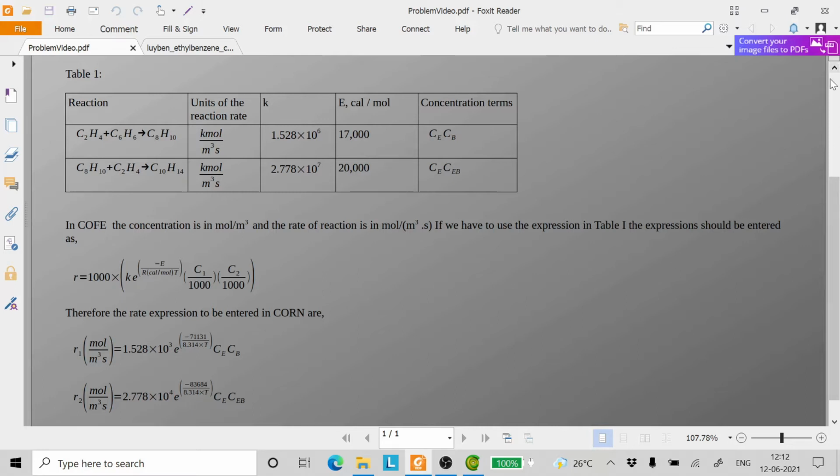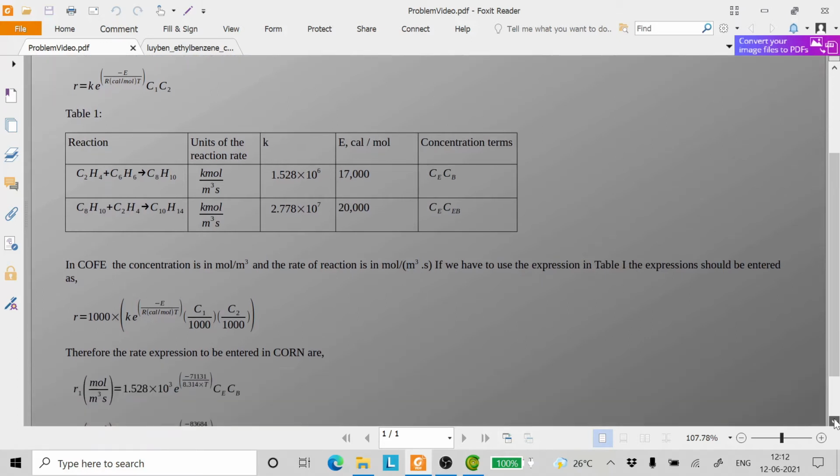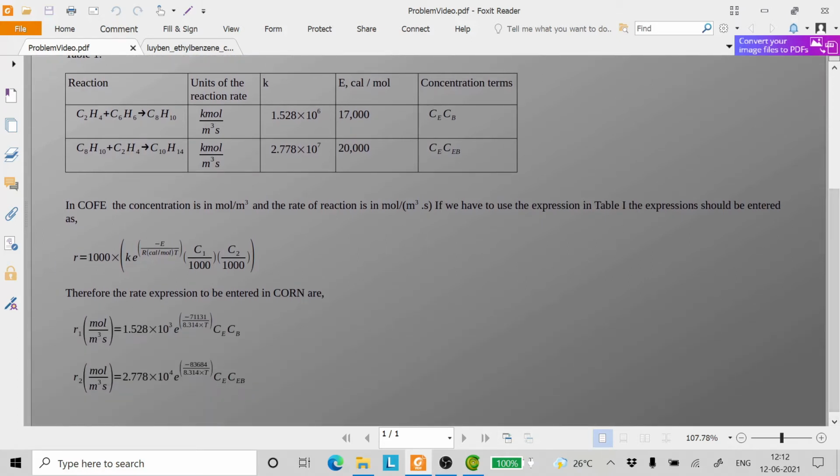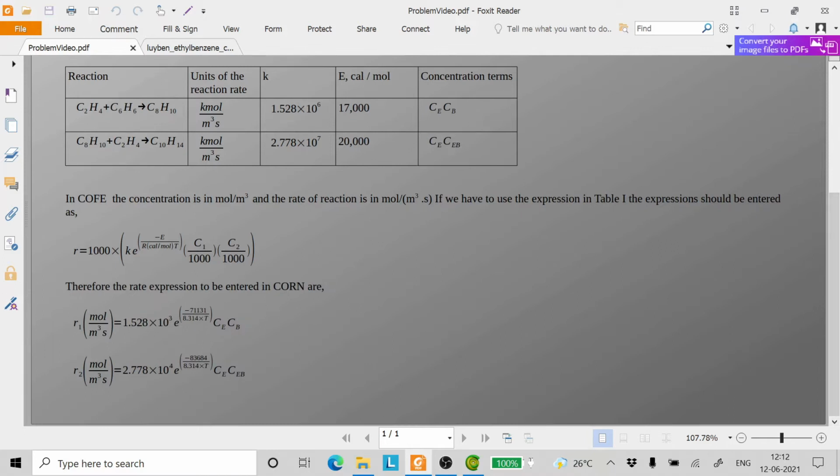That is the rate of reaction when written as an expression like this, taking these as the constants. The expression that has to be entered in COFE is the expression that we would write this way. We have to multiply it with 1000 and we have to divide the concentration units by 1000.